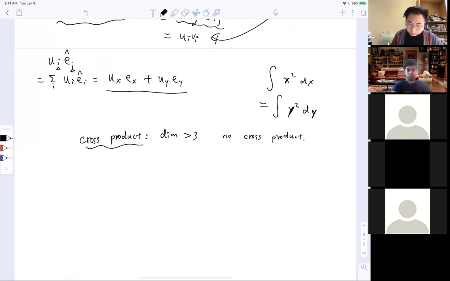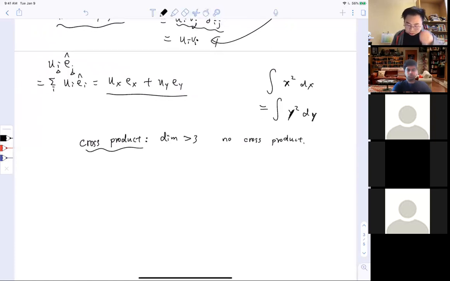When we talk about cross product, we usually say it's for 3-dimensional vectors. Similarly, it's a binary operation: the inputs are two vectors, and the output is another vector.